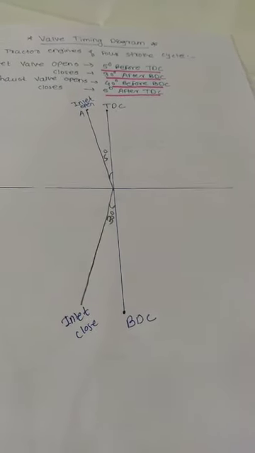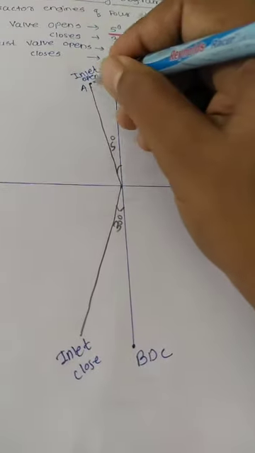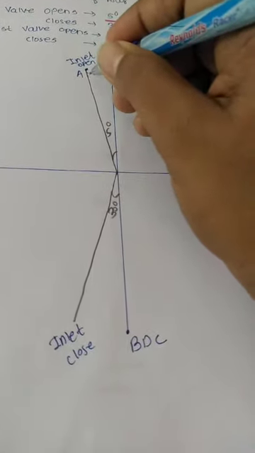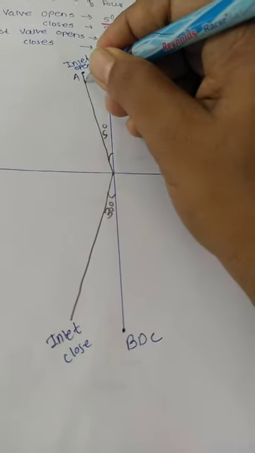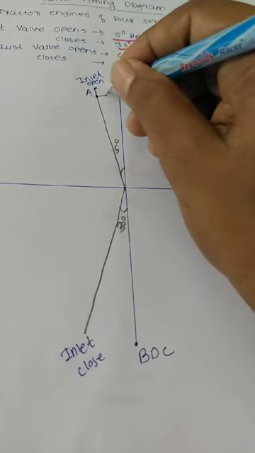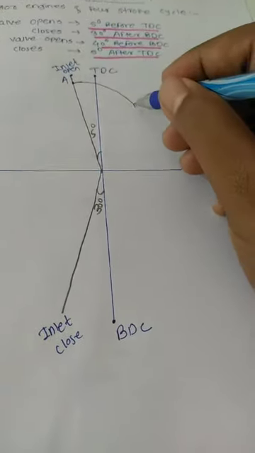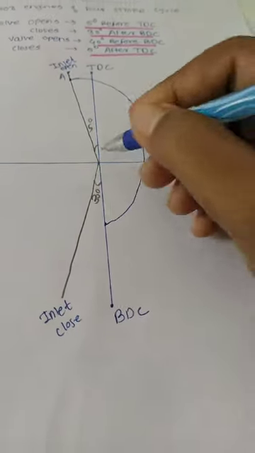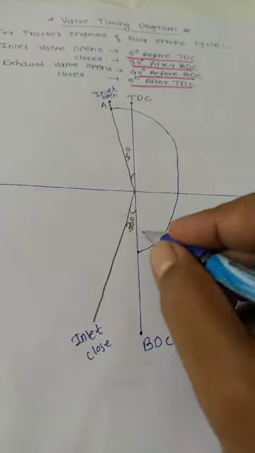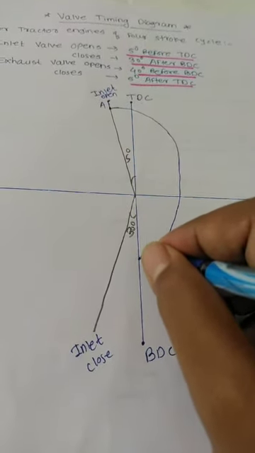So our first stroke starts from point A, 5 degree before TDC, and it closes 30 degree after BDC.